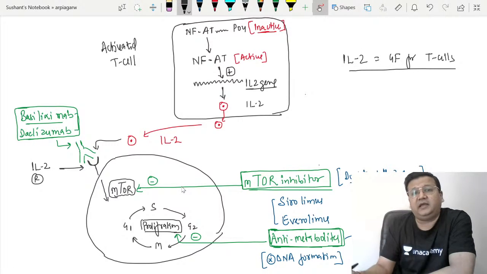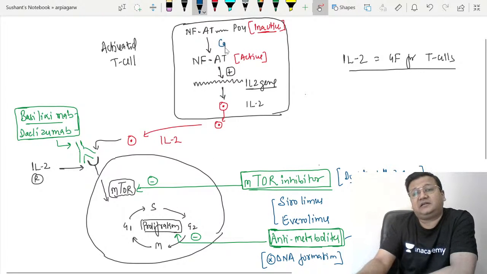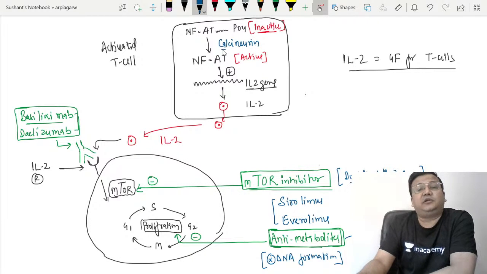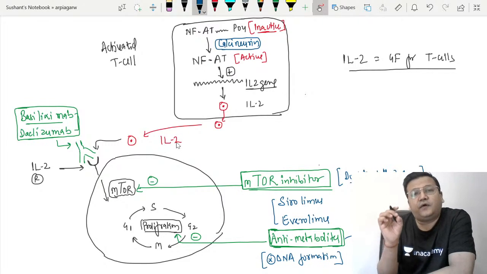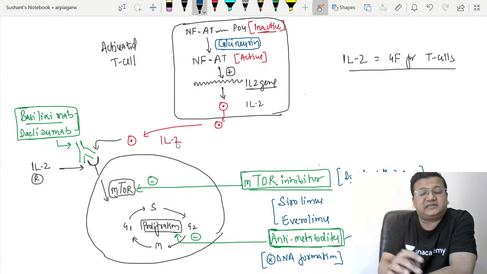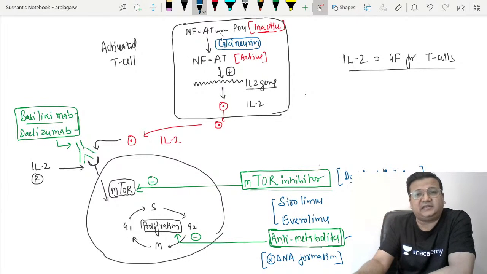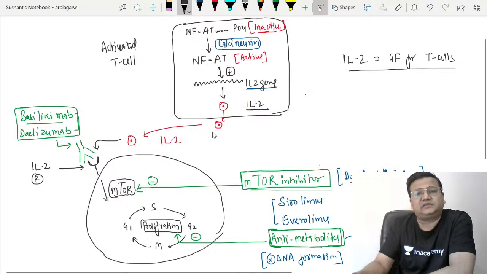So we have a substance called calcineurin. What is calcineurin? Calcineurin is simply a phosphatase. Please try to understand. It will break this phosphate. NFAT will become active. When NFAT becomes active, it transcribes the interleukin 2 gene, and when the interleukin 2 gene is transcribed, more interleukin 2 is formed.